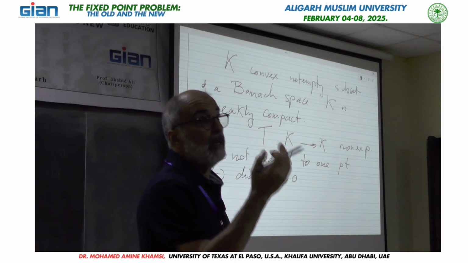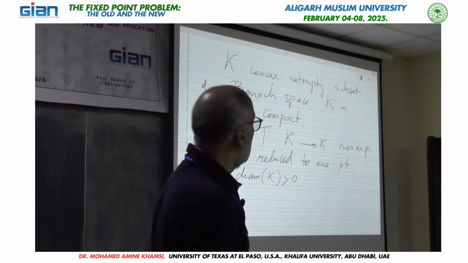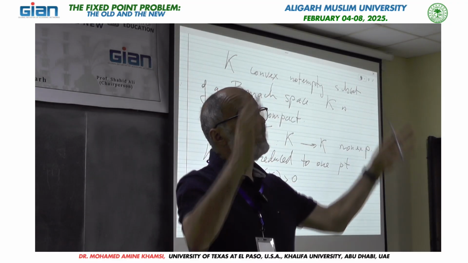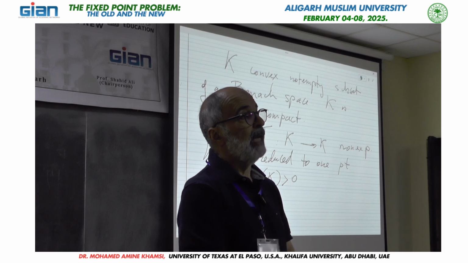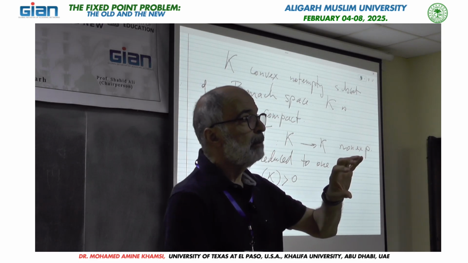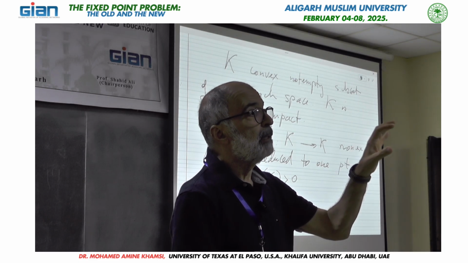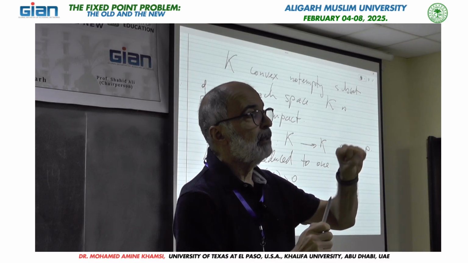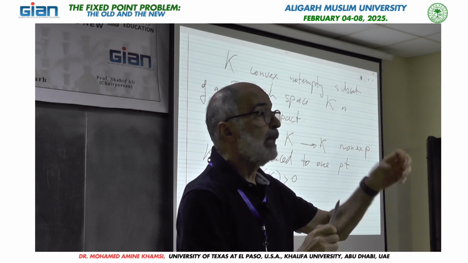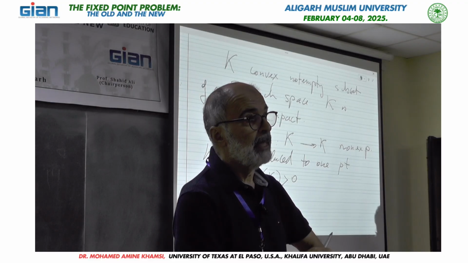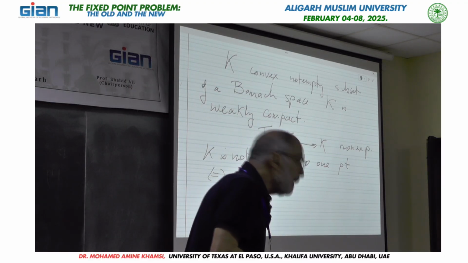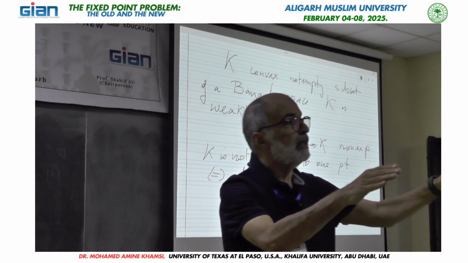Some people did not go down to K, but assumed that the space is reflexive and K is only a bounded, closed, convex subset. So if it is a bounded, closed, convex subset, it is weakly compact. From what I am saying right now came two properties.